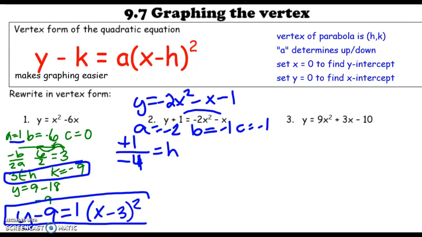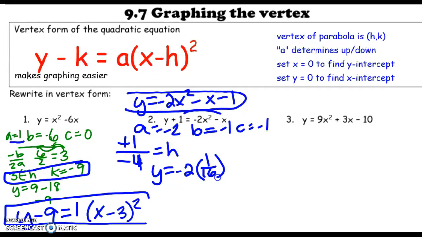So once I have my negative 1/4, I can plug it in to my equation up here. So I'm going to do y equals negative 2 times a negative 1/4 times a negative 1/4, which is a positive 1/16, minus, which now becomes plus 1/4 minus 1.